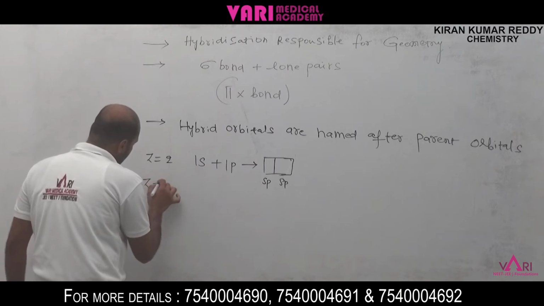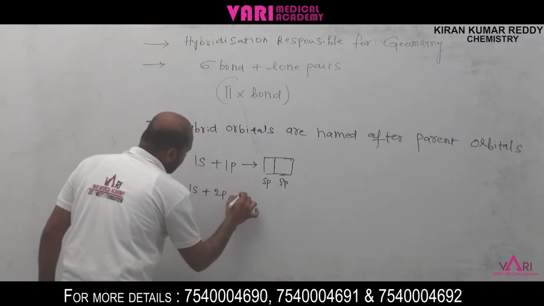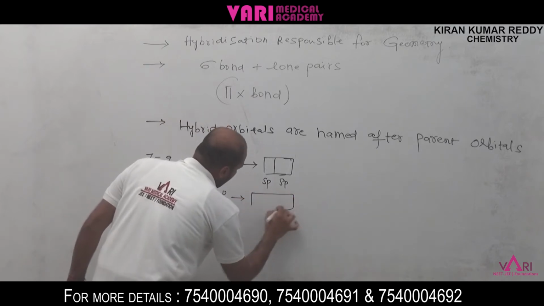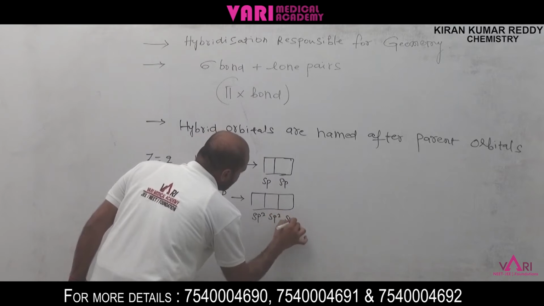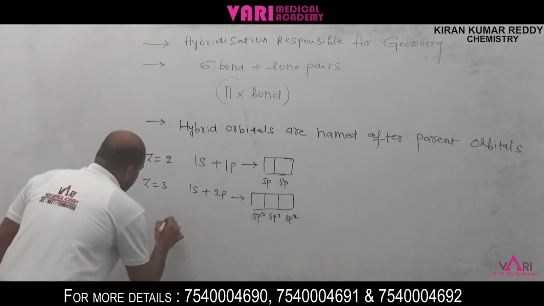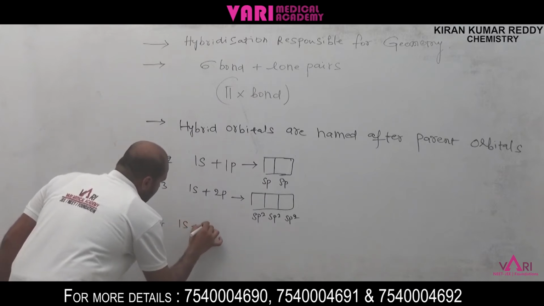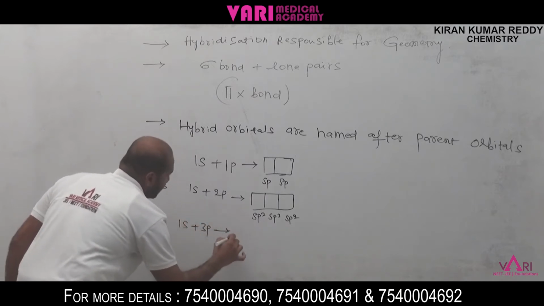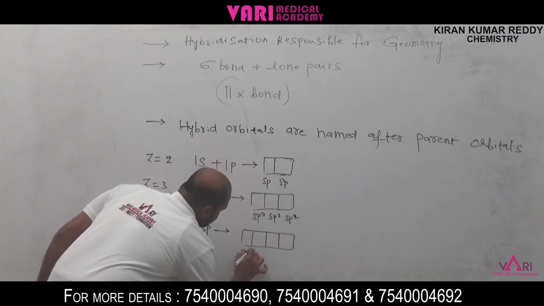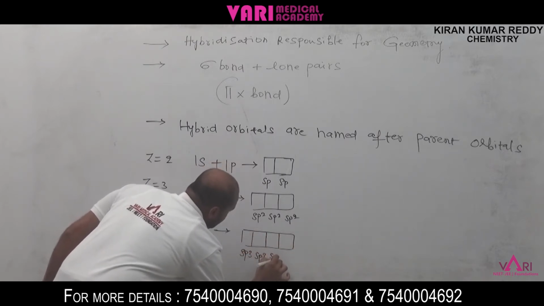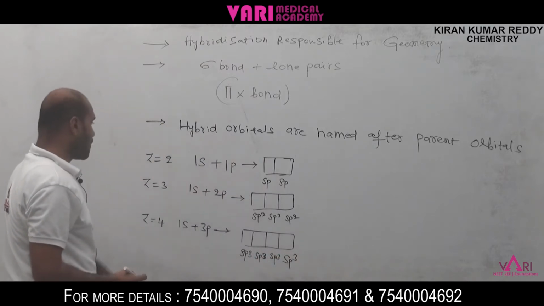Now Z is equal to 3 means one s orbital and two p orbitals intermix to form 3 sp2 orbitals. Now Z is equal to 4: one s orbital and 3 p orbitals intermix to form 4 sp3 orbitals.